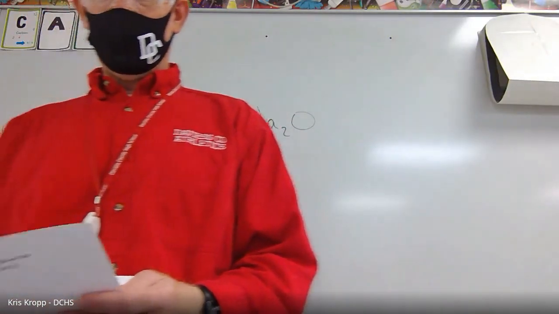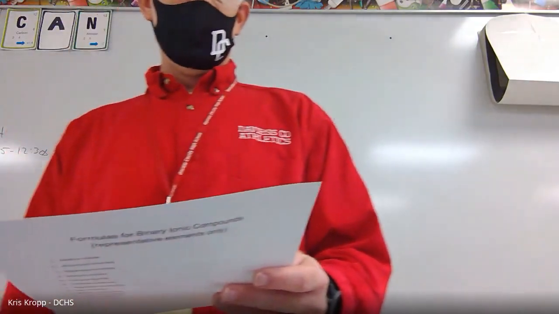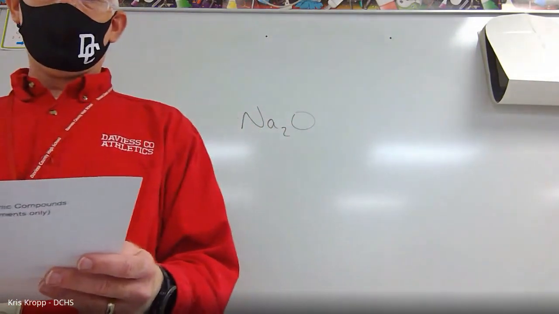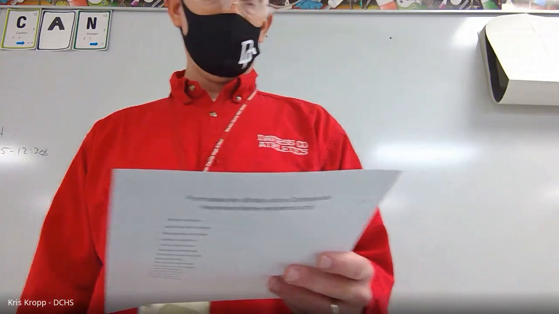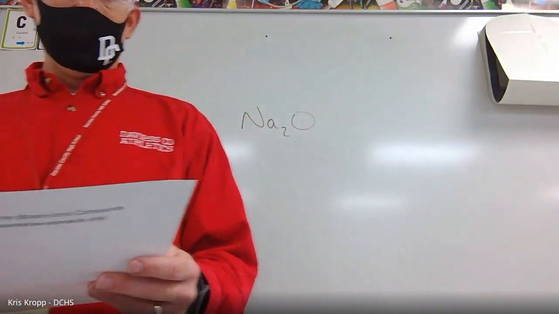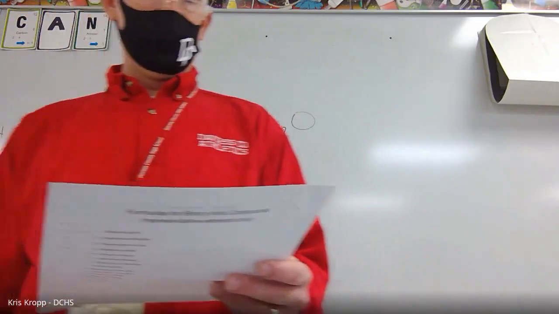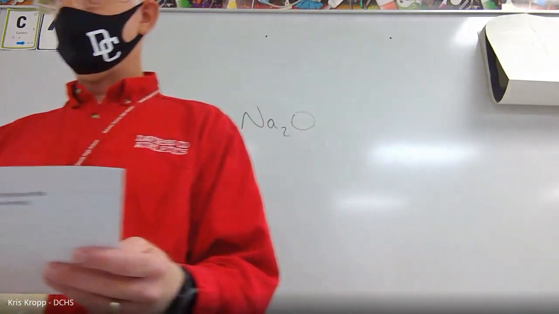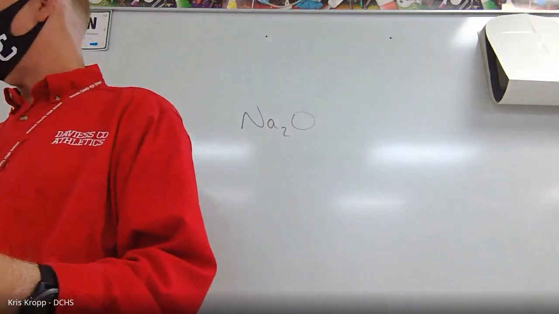Number 5 is boron phosphide. Number 6 is sodium arsenide. Number 7 is cesium chloride. Number 8 is aluminum oxide. Number 9 is magnesium iodide. Number 10 is barium phosphide.